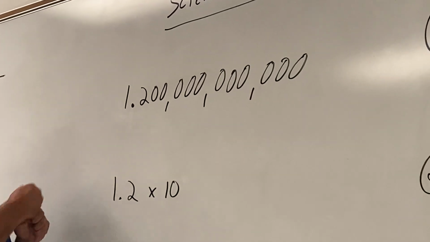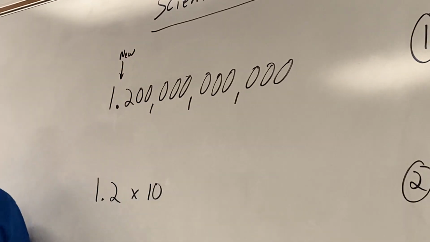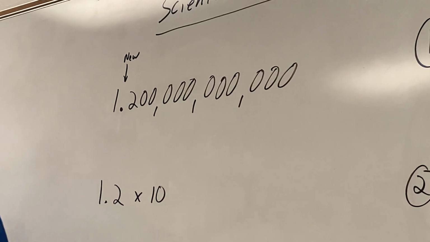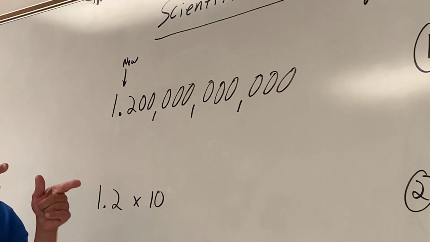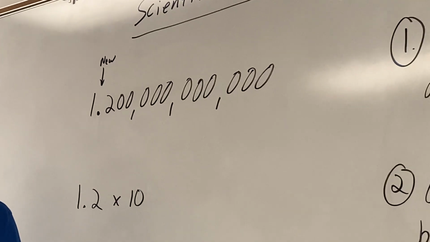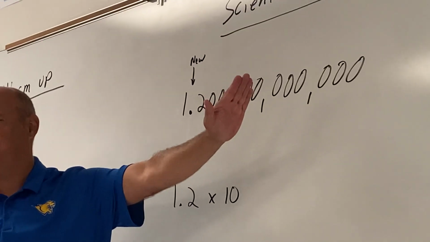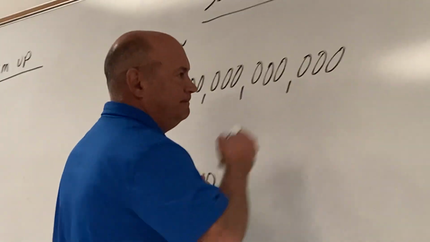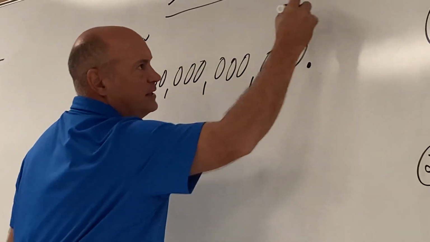That's the one we just put in. Where in the heck is the old decimal in this really big number? If it's not in sight, it's to the right. We didn't see a decimal in the beginning, so the original decimal was way over here at the right side. So now we're going to count from this one to this one.